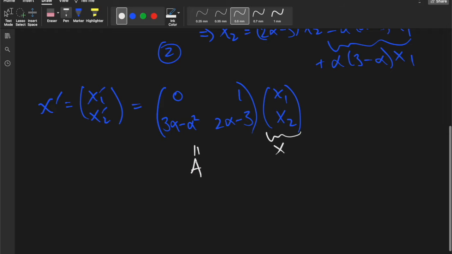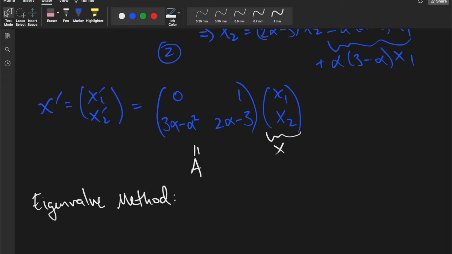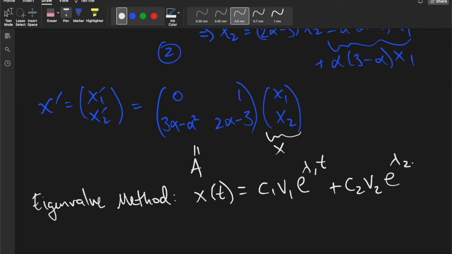This is our matrix A, and we want to solve this equation using the eigenvalue method, where we have our solution, where v1 and v2 are eigenvectors and lambda1 and lambda2 are eigenvalues.